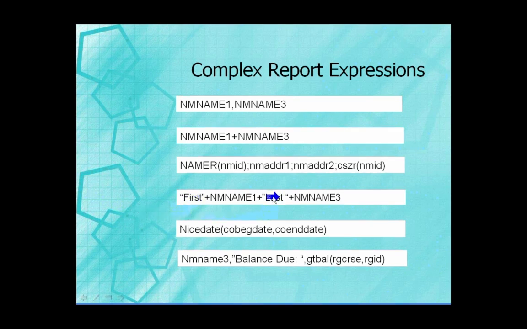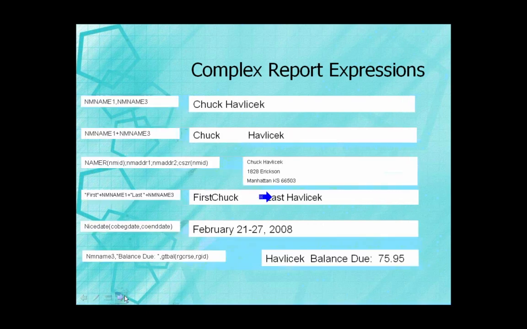You'll note I did put in a space here, and so you'll see that in the example. There is one space between the word last and Havlicek. There is no space between the word first and Chuck, because if we had wanted it, we would have needed to put a space between the T and the quote.